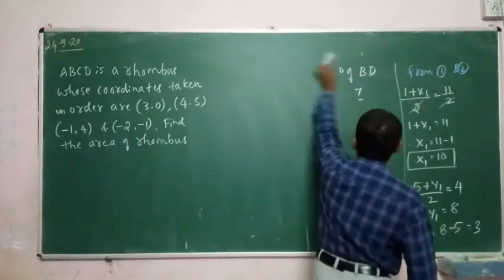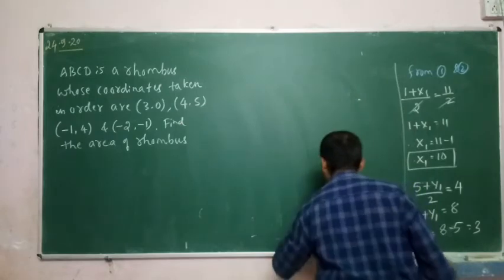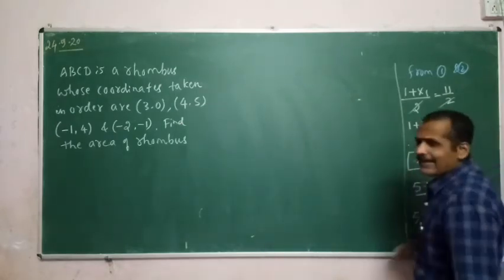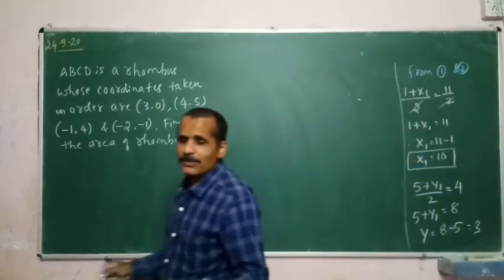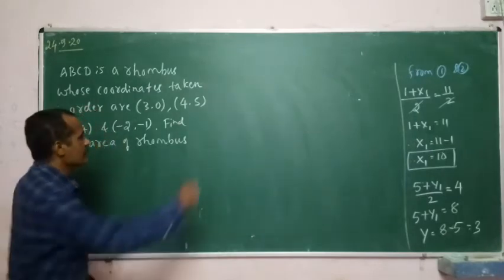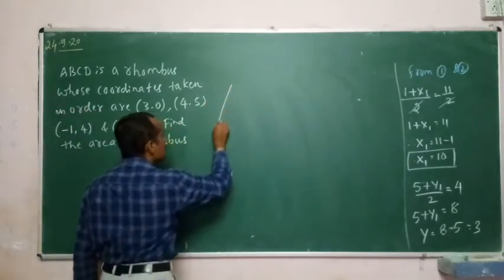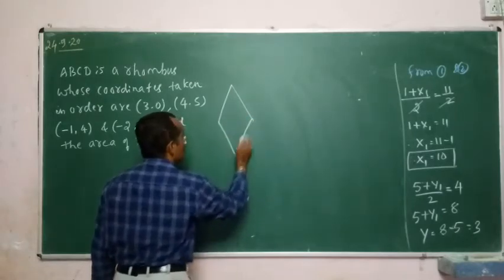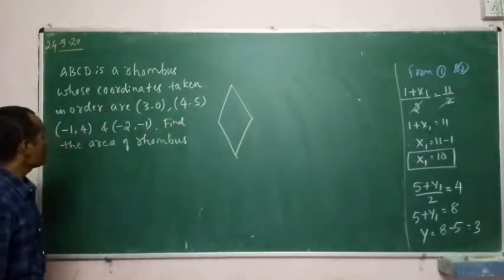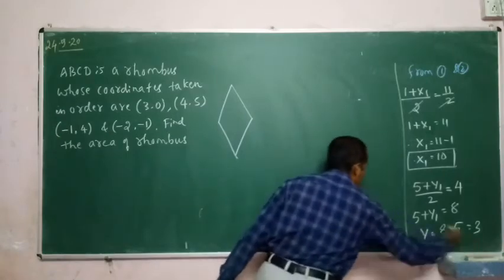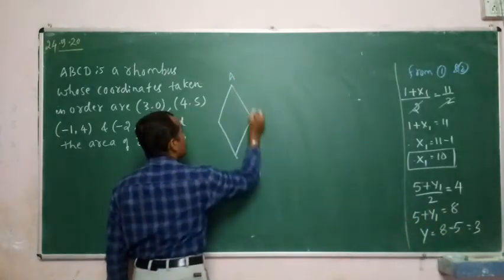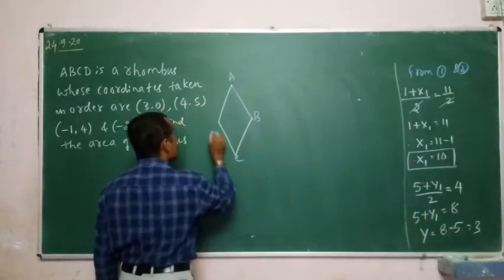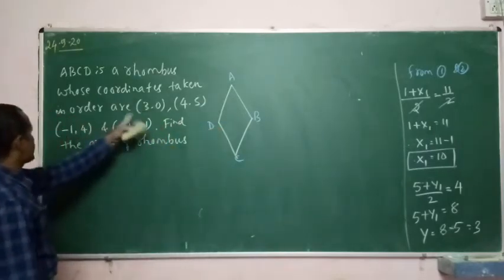See, any idea you are getting to solve this problem? I can explain it. It's a very simple problem. This is a rhombus. All the four sides are equal. This is A, this is B, this is C, this is D. Let me write the coordinates.